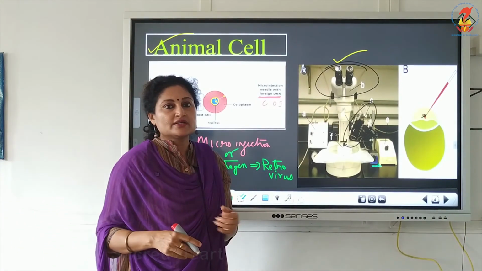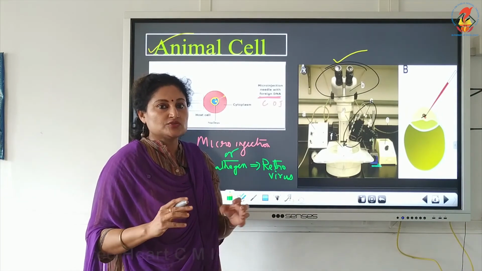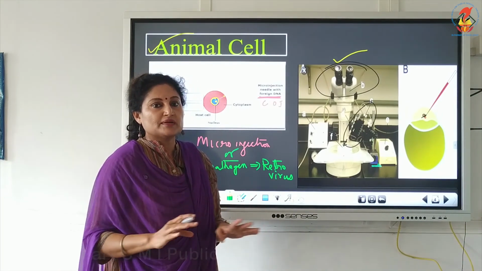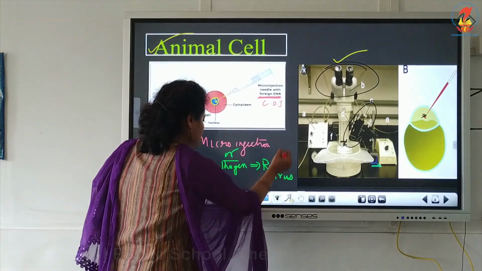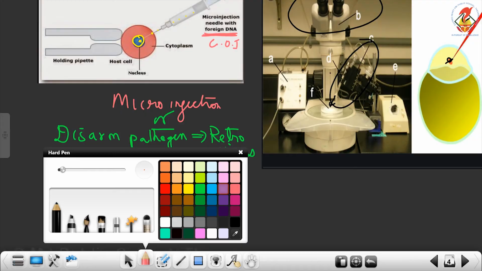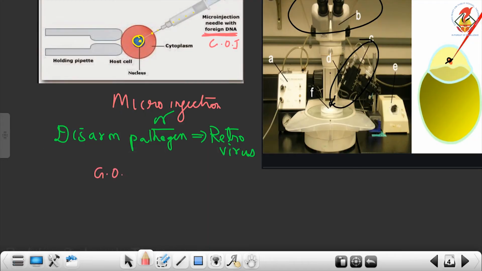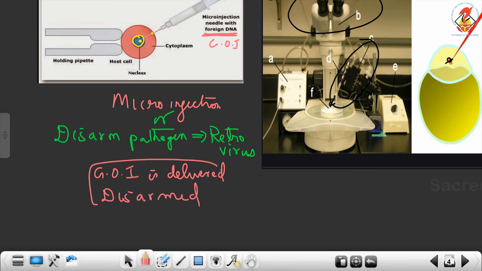How is it modified? It is modified in such a way to create tumors, but it is made non-pathogenic. So the modification is with two respects. The gene of interest is delivered. Then it is disarmed. So this is our retrovirus. And final D is, it is deliberately made to invade the host.